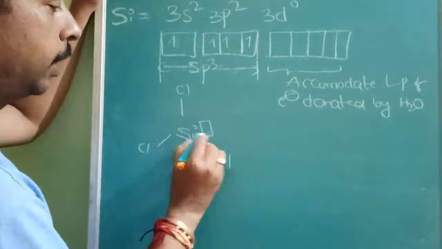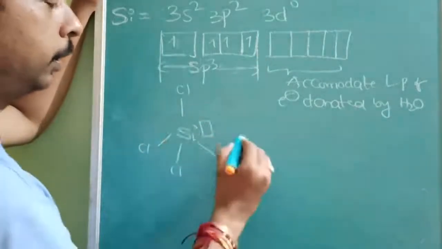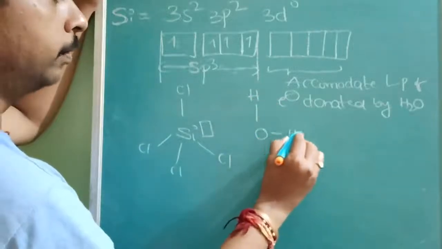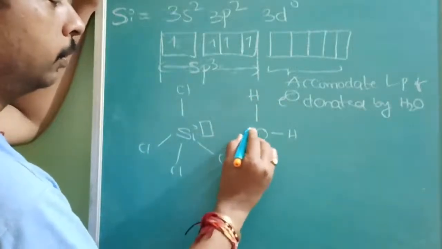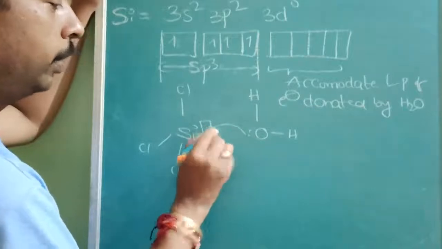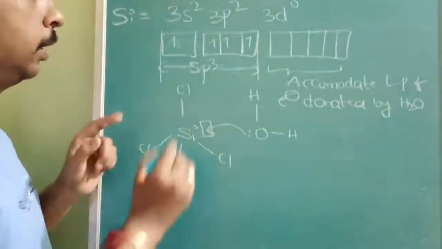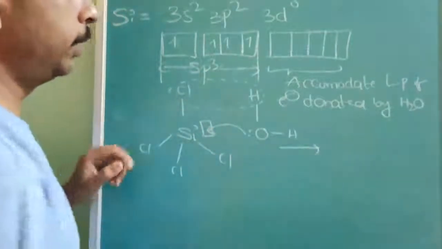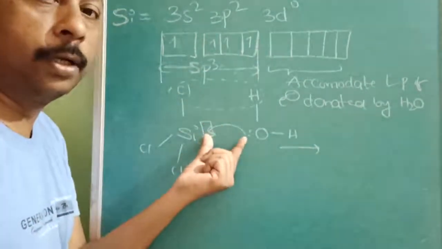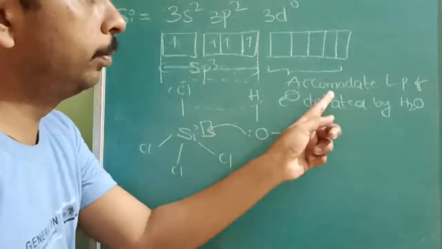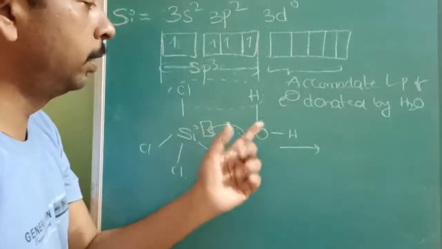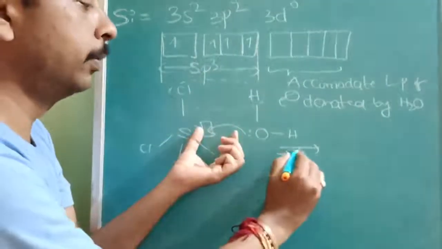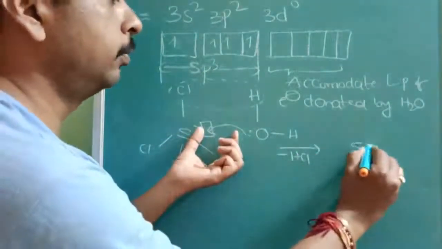For easiness I am drawing the d orbital here, though exactly it will not be like that. This will be the H2O. First it will donate its lone pair, then slowly it will remove HCl. This first step is very important: once it is able to accommodate the lone pair of the water, only then will they come closer and remove the HCl.